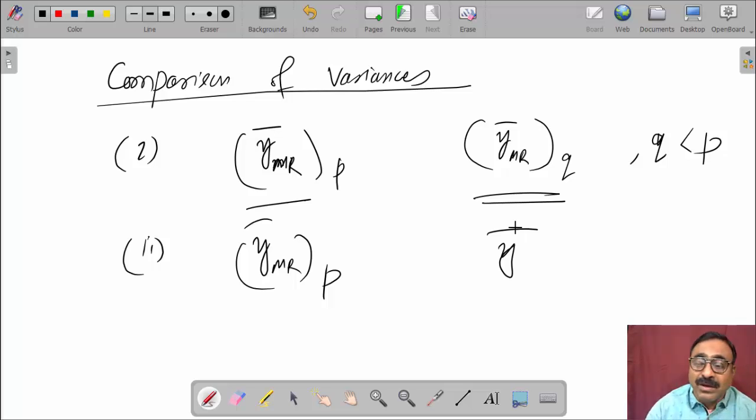So now let us compare the two multivariate ratio estimators, one using a lesser number of auxiliary variables.